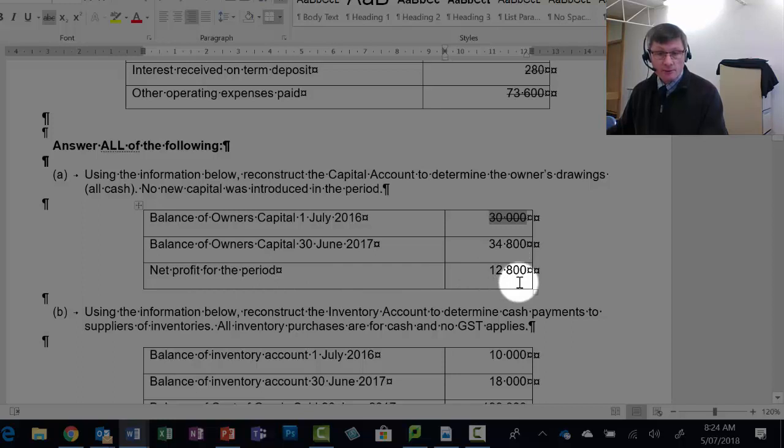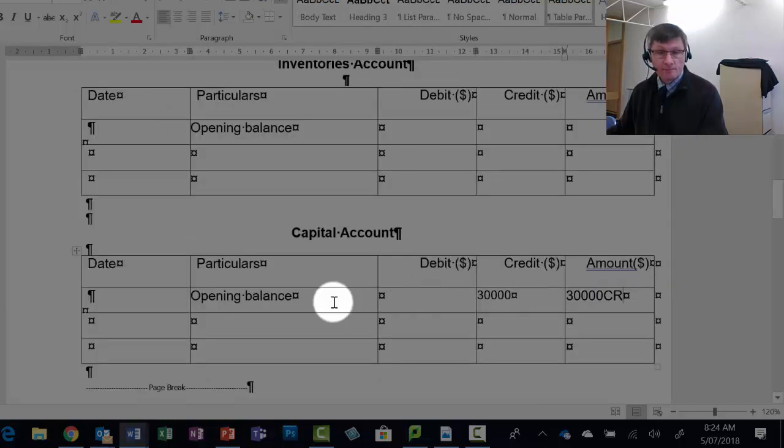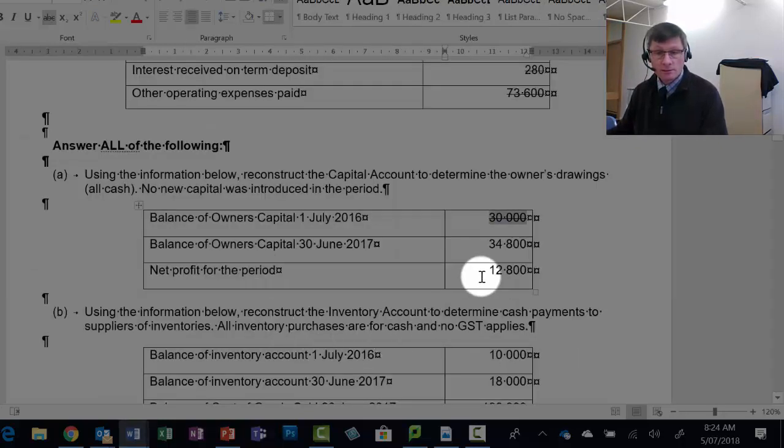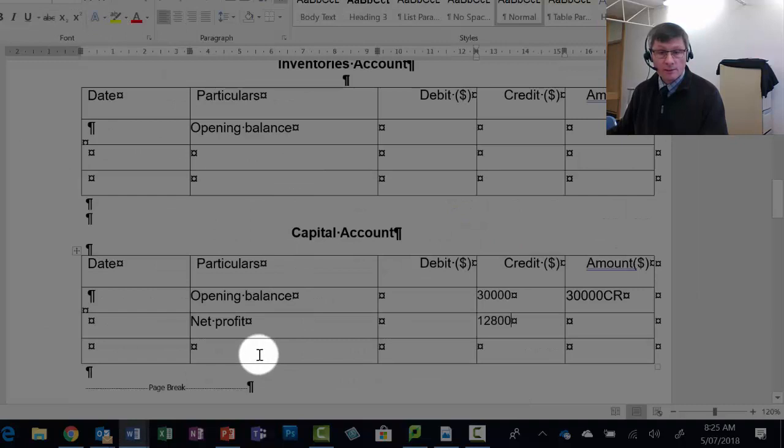So let me put the net profit in. Okay, so the net profit, and net profit increases owner's equity, so it's 12.8 on that side. And the other item that we need to find is drawings.